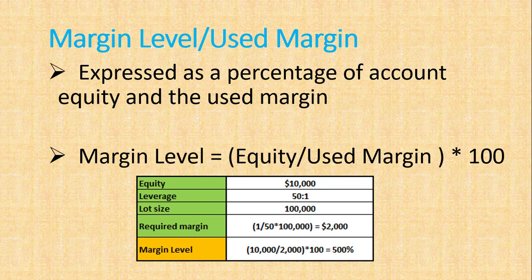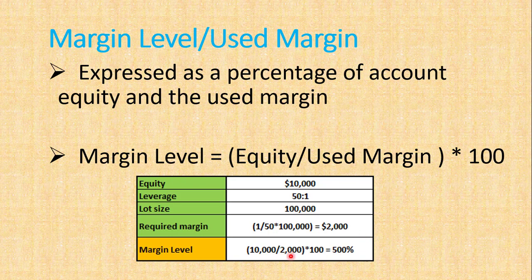So 500% is the margin level. It is a figure which keeps changing, because whenever you take a position, it might have either a gain or a loss, and the margin level keeps changing as your account value changes.